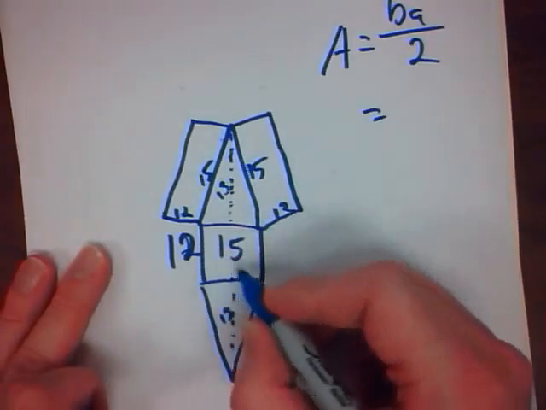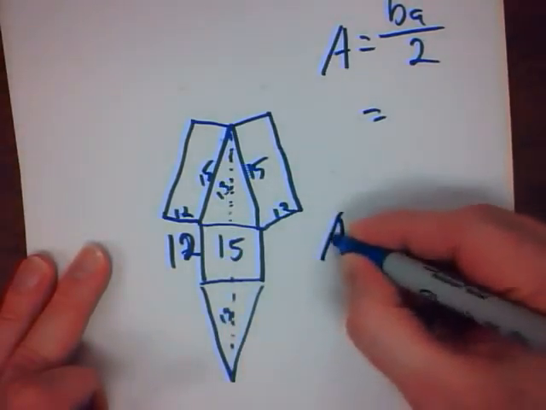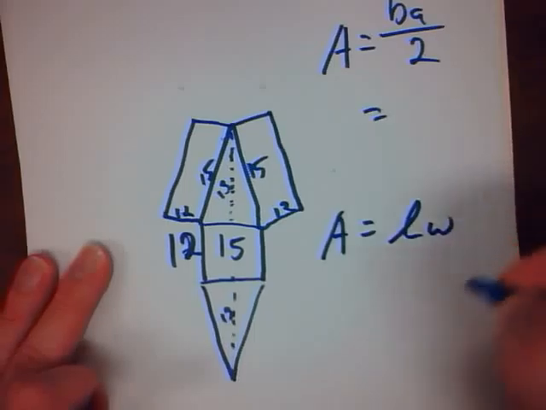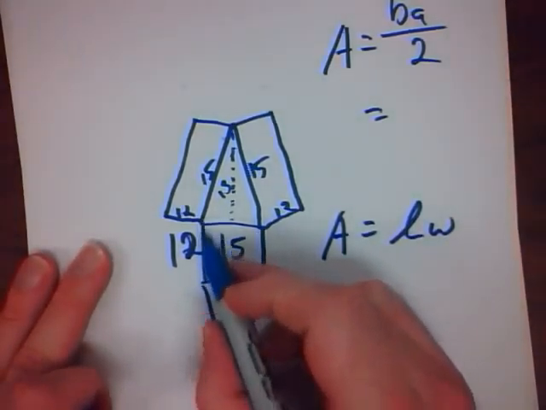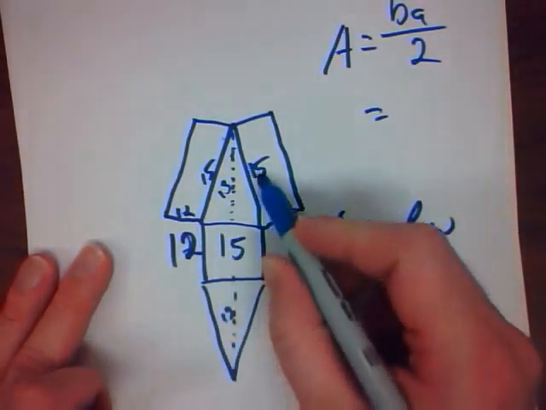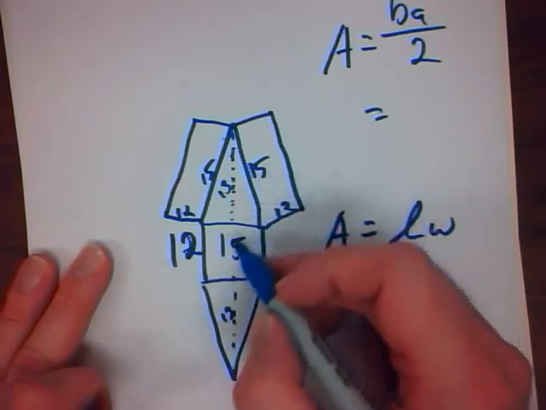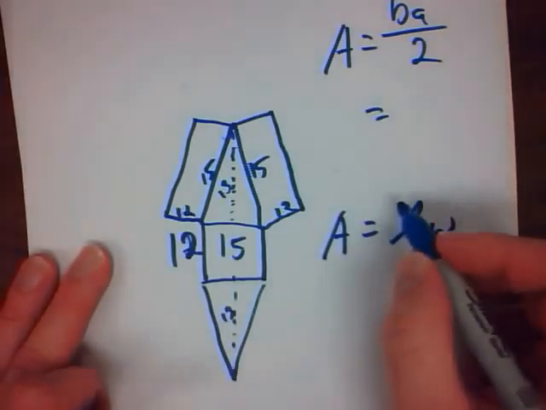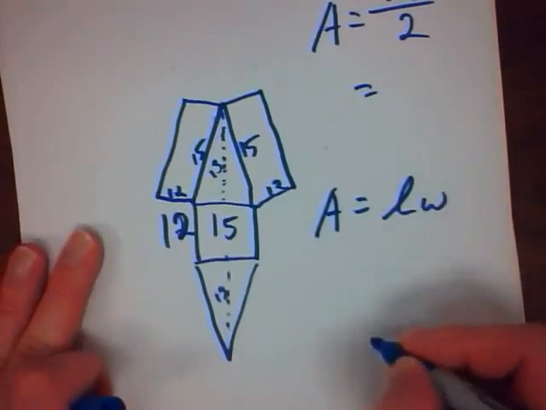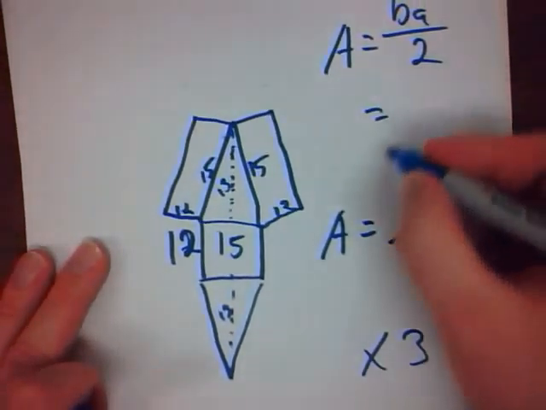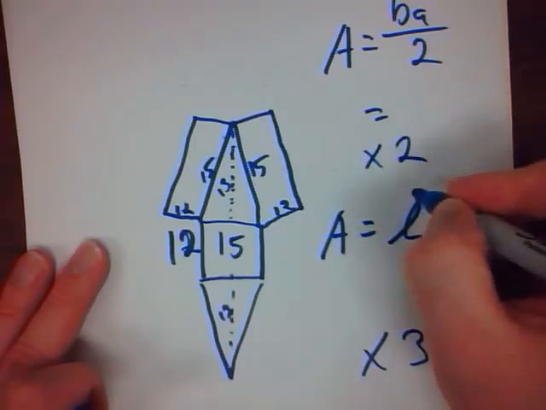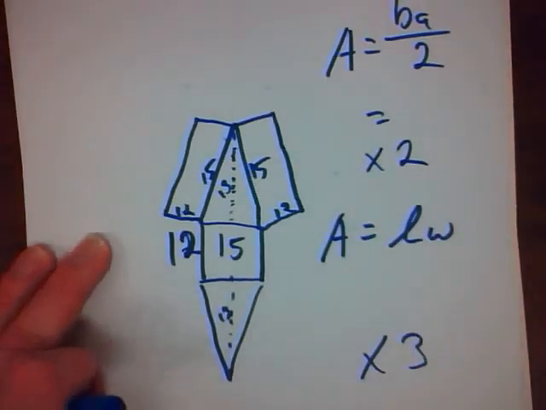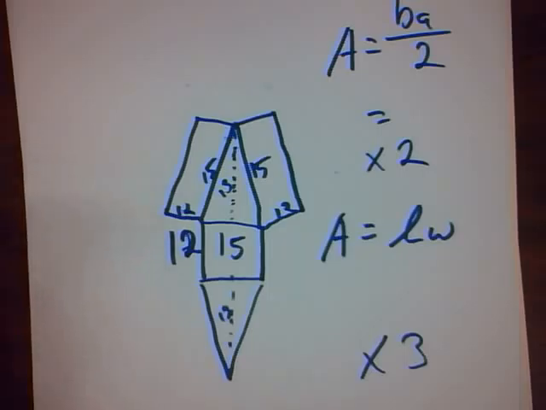I'm going to need a rectangle formula for that one. And if you'll notice here, 12 by 15, 12 by 15, these three are all the same size. So I only need these two formulas. This one I'll have to times by 3 because there are 3 in the end, and this one I'll have to times by 2 because there are 2. And that's how to calculate the surface area of a triangular prism.